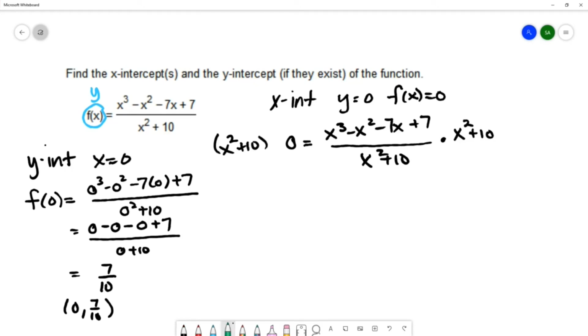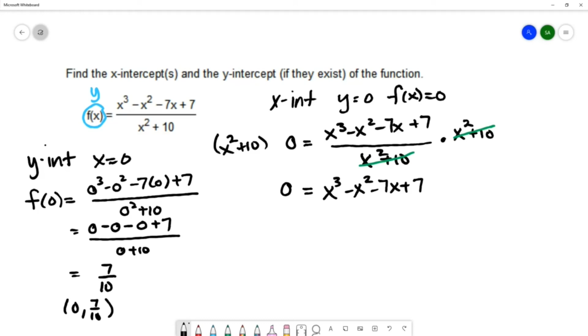That is going to cancel out the denominator on one side. And on the other side, because we have a 0, 0 times x squared plus 10 is 0. So the fraction goes away and we have 0 equals x cubed minus x squared minus 7x plus 7. And we have this polynomial equation that we're going to solve.